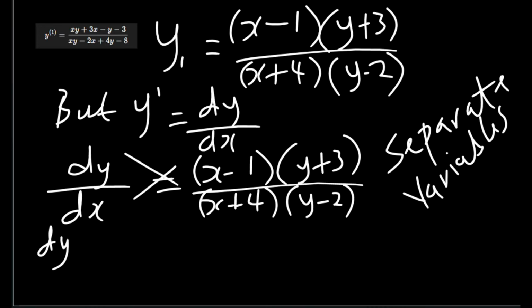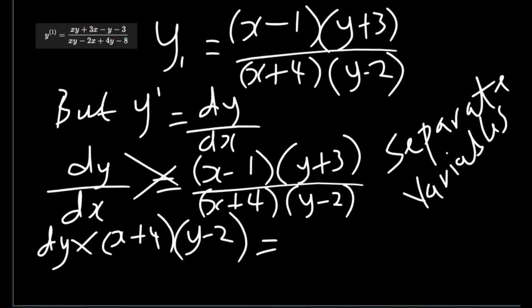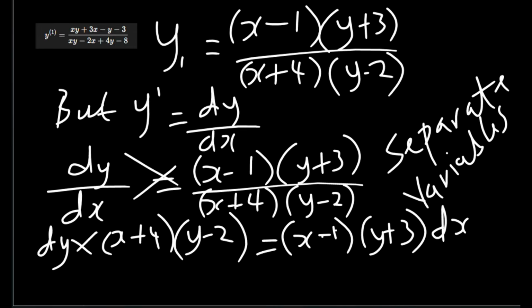So we have dy multiplied by the denominator x plus 4 bracket close and then y minus 2. Alright, then for the numerator we have x minus 1 bracket close and then y plus 3. We multiply by the dx.